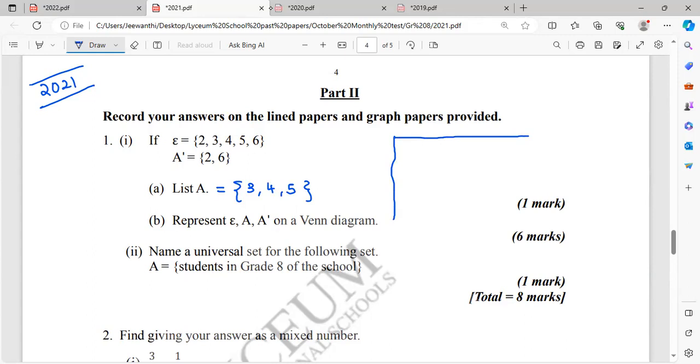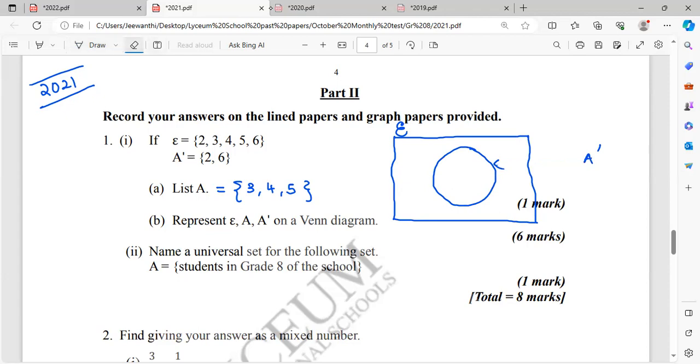When you are representing this on a Venn diagram, you draw the rectangle and you write the universal set sign. Why are we showing the universal set sign here? That means this rectangle represents the universal set. And you want to have the circle A. Some students, when I was marking the papers, I understood, have marked this as A dash, which is completely wrong.